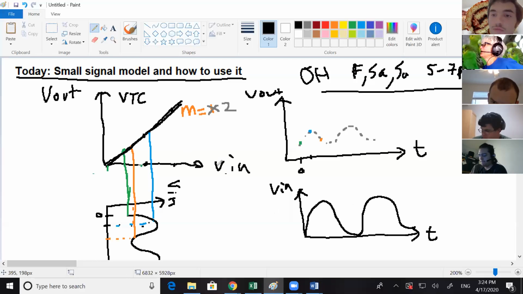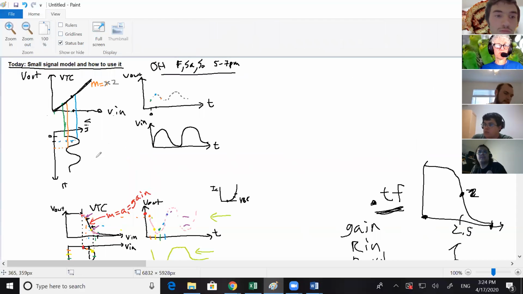And this is your input to this circuit. A VTC is kind of like a truth table for analog circuits. It says if you have this V in, then this is your V out value. It's a lookup table. It's not the exact same picture as I drew for the other class.